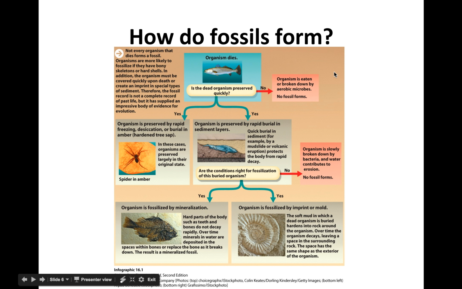If you don't, then basically you are getting eaten up by microorganisms such as bacteria and things like that. But if you do lie down into the sediment when you die, or you get preserved in some manner, such as freezing, or maybe even getting trapped in tree sap, those will preserve you and it'll cause organisms to mineralize or become an imprint.